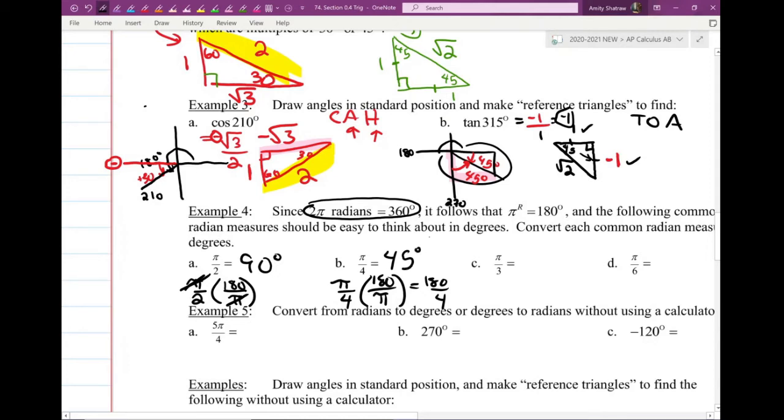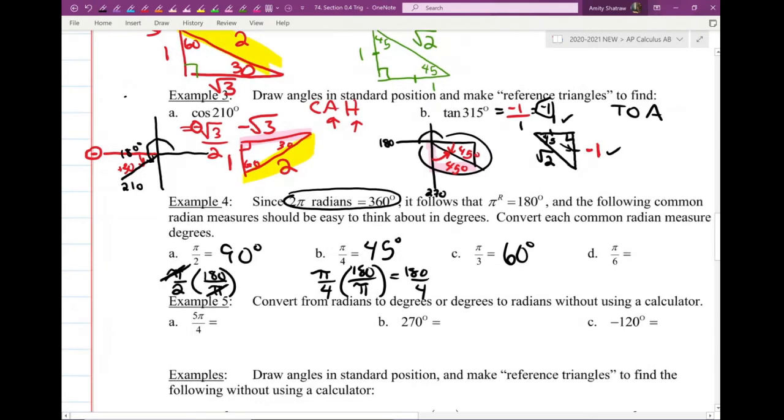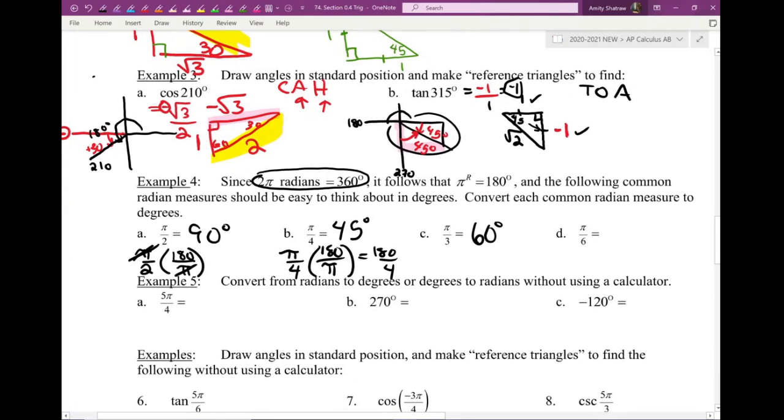And go ahead and throw that degree symbol down there because that's what we're doing, is converting from radians to degrees. So pi over 3, if you recognize the pattern, then you know that you're going to take 180 and you're going to divide it by 3, and you should get a 60. But it's not necessarily a skill that you use every day, so you might not remember.